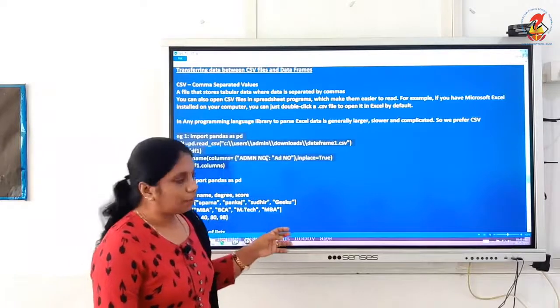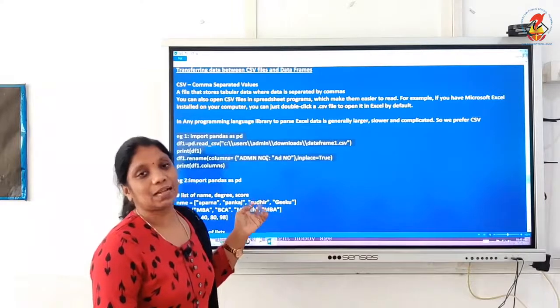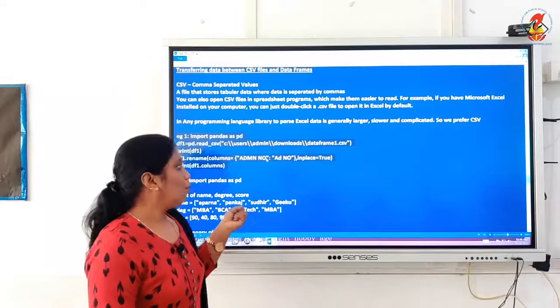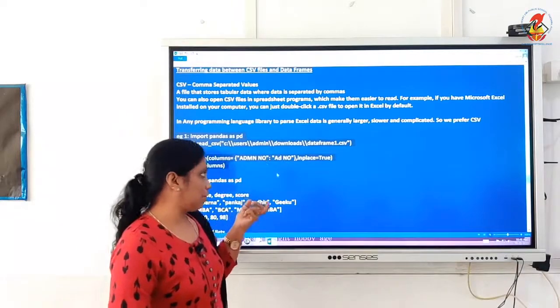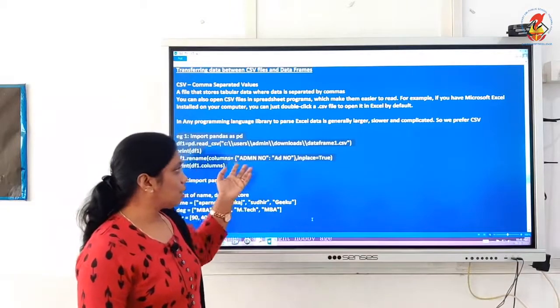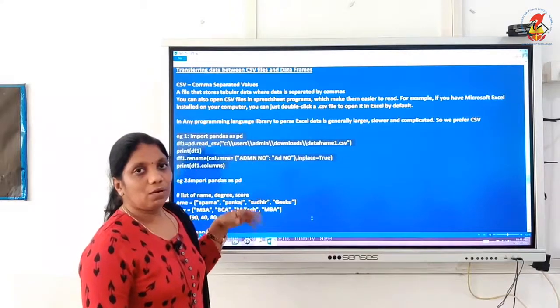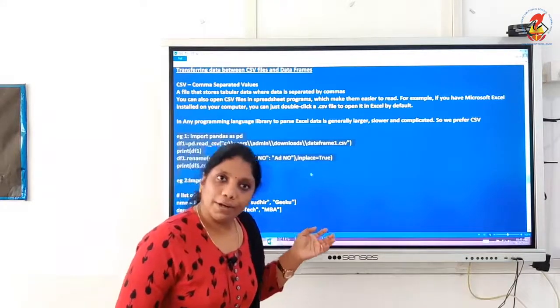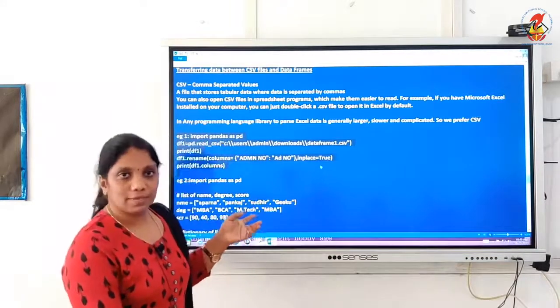Because the majority of your other programs or examples can come with CSV files. So you should not be wondering how it is created. Why we depend on a CSV file is that it is easy for us to create it, or it is easy for us to access it without wasting our time creating a data frame using a dictionary or using our series, okay?